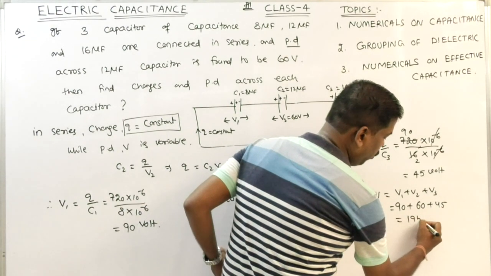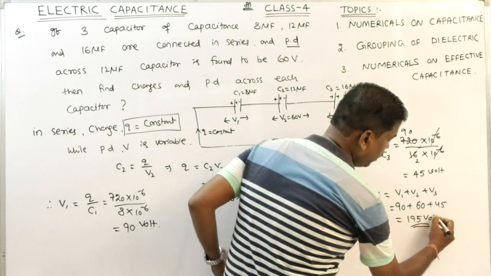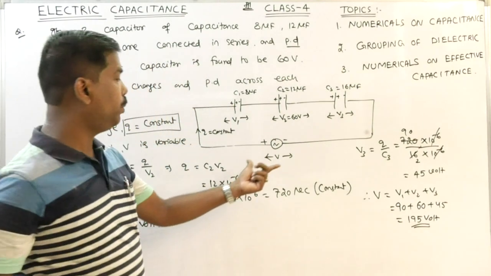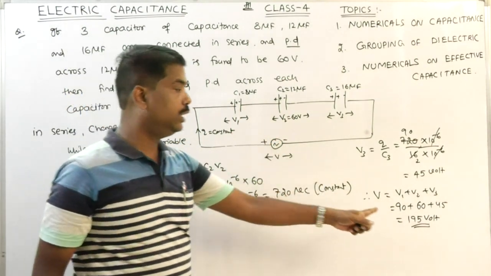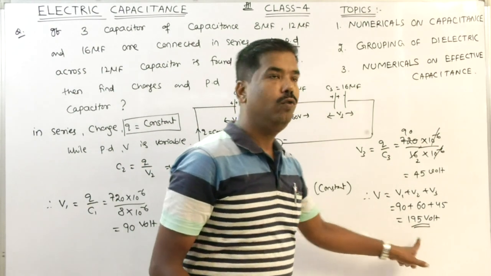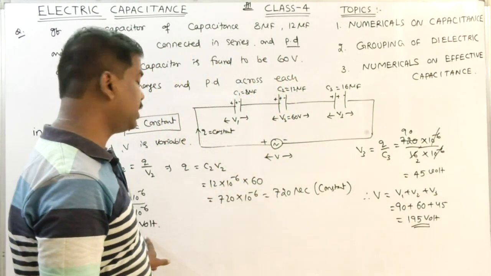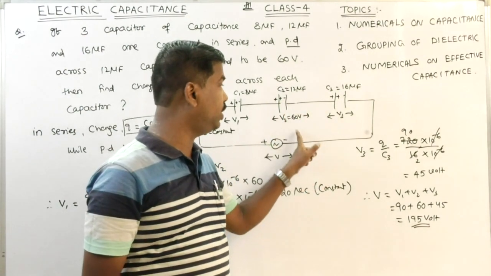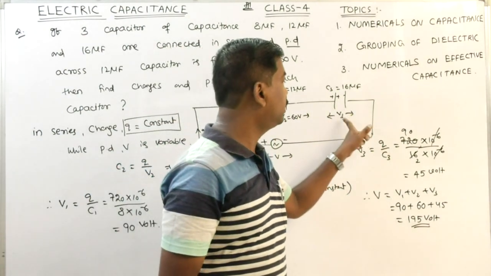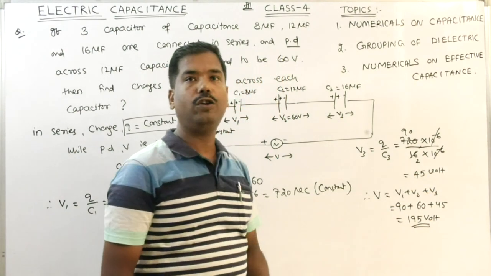It is found to be 195 volt. That is, the net potential drop across the circuit when connected in series is 195 volt, while the voltage across the first capacitor is 90, across the second capacitor is 60, and across the third capacitor is 45 volt.